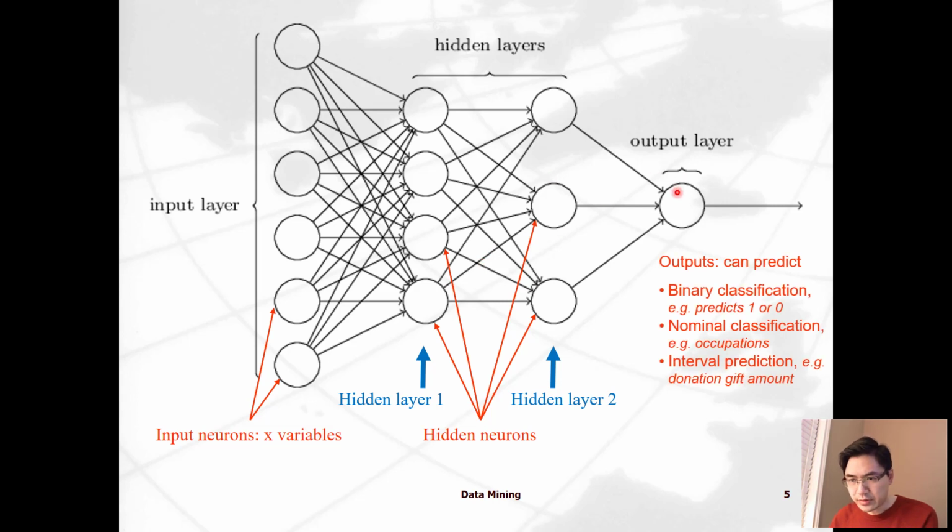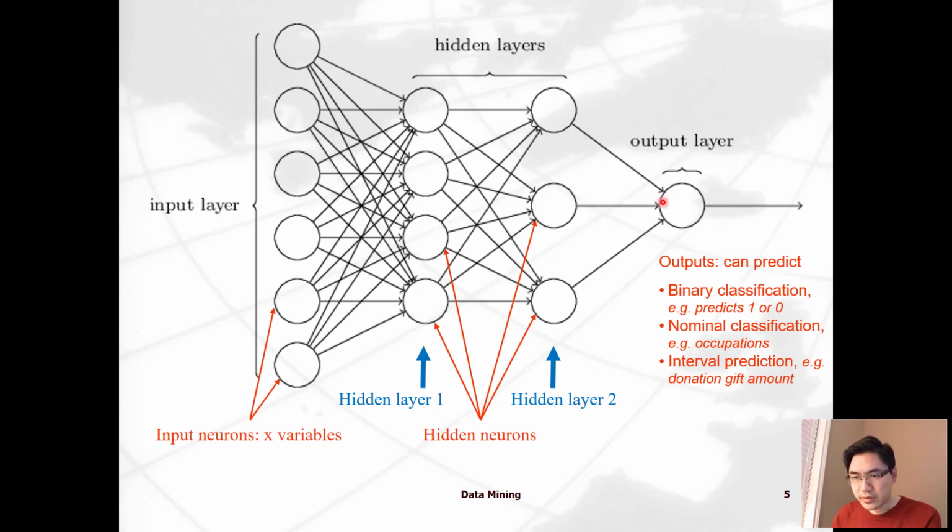The output layer consists of the output neuron that would translate directly into an output prediction. So let's say the target variable is a binary variable.